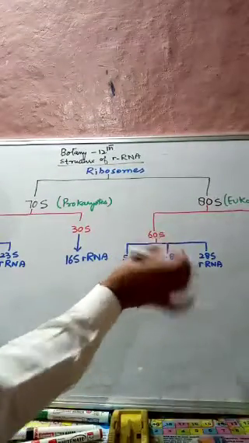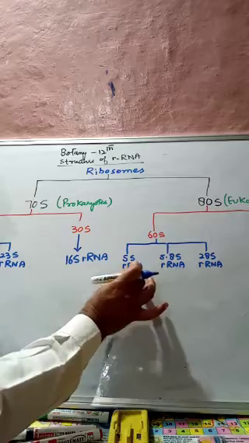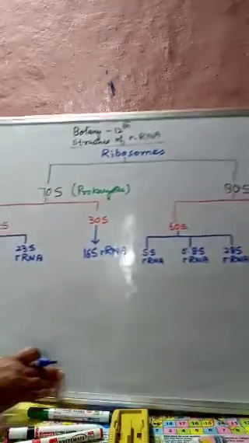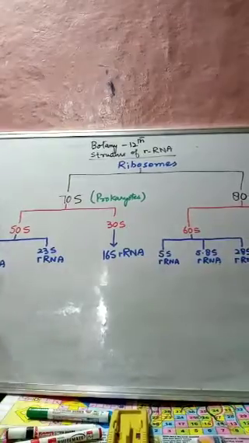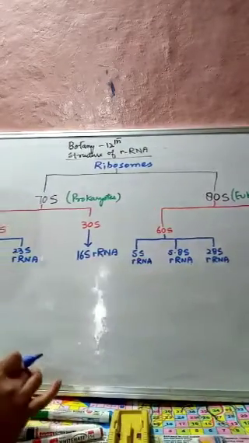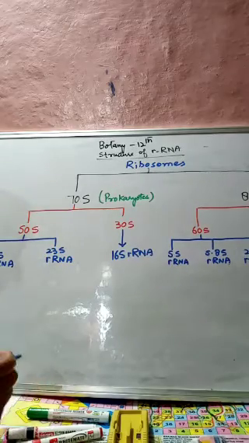So this suggests that rRNA is found in the ribosomes.